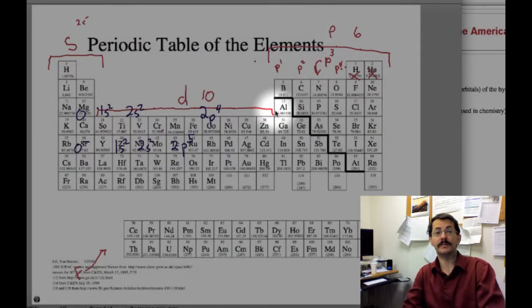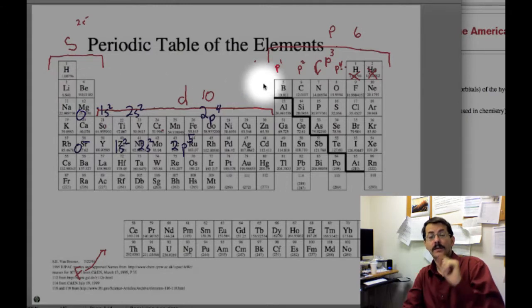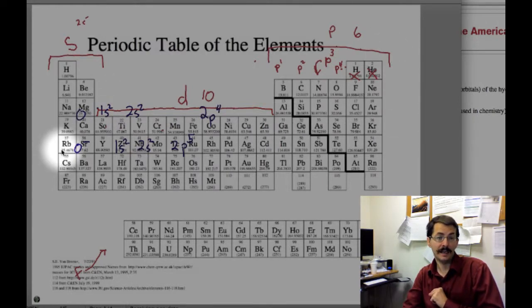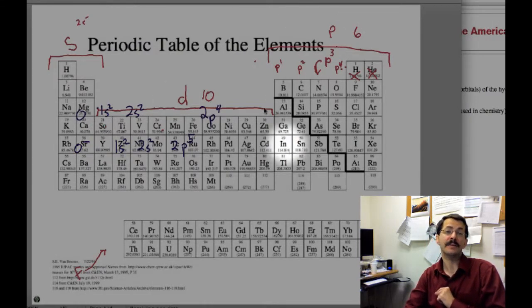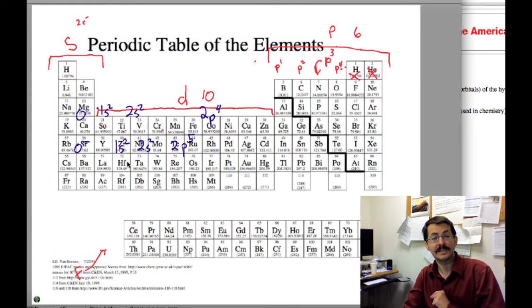Again, the magic chemistry tool comes into play. 1s, 2 electrons, 2s, 2 electrons, 2p, 6 electrons, 3s, 3p, 4s, and then comes the break, 3d, back to 4p, and then again 5s, 4d, then back to 5p, and then 6s, and then of course there's this break here, the lanthanides, which jump down to the f block, and then those start at 4f, and then go back to, I guess, 5d, and then back to 6s.